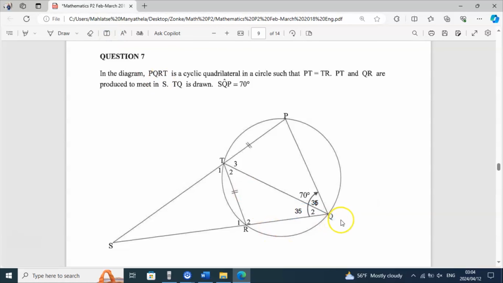We have 35, we have 35. But we know that the whole of that angle is 70 degrees, because 35 plus 35 gives us 70 degrees.